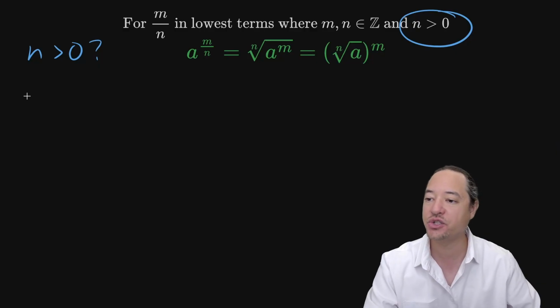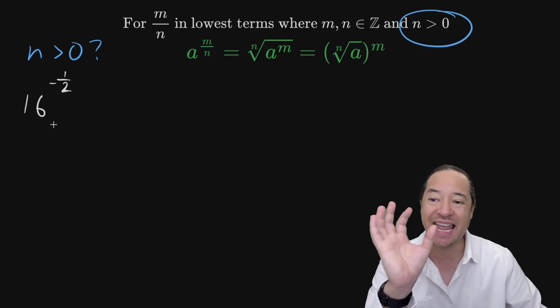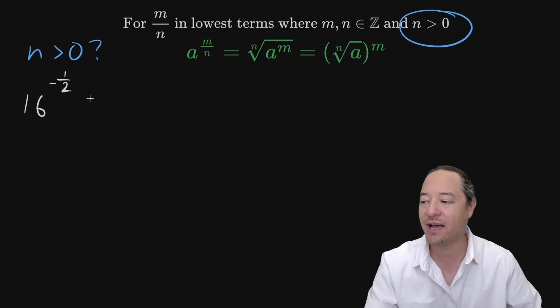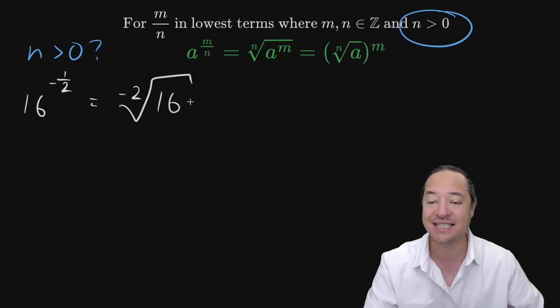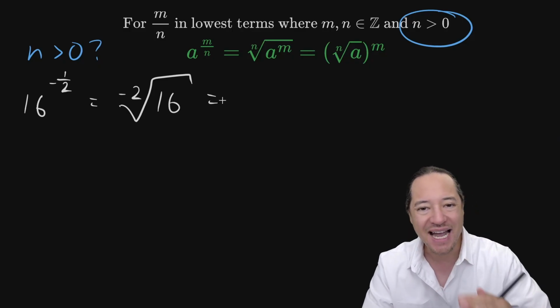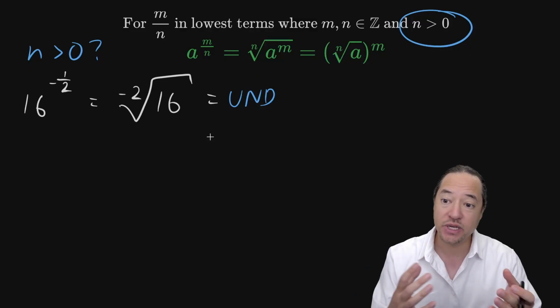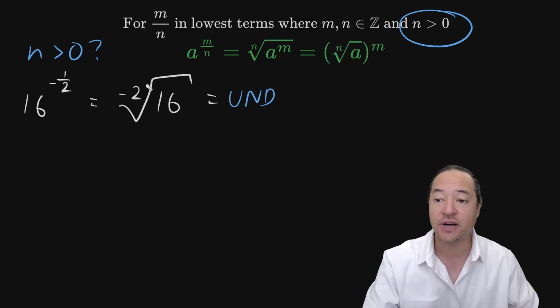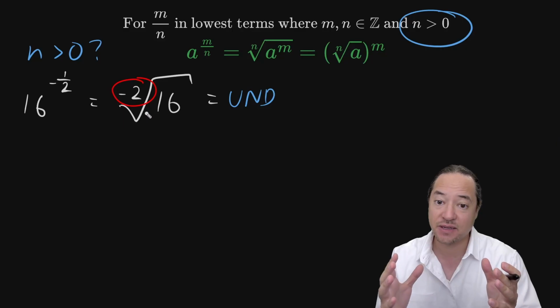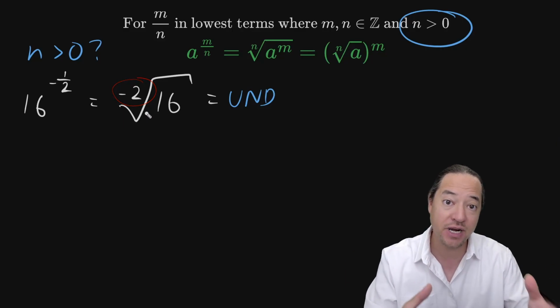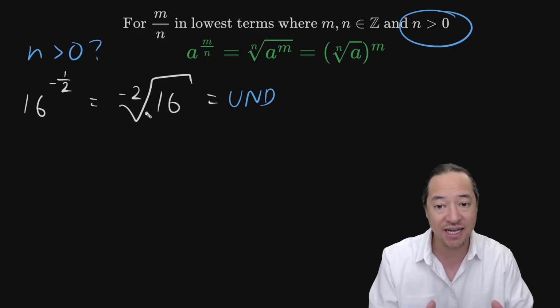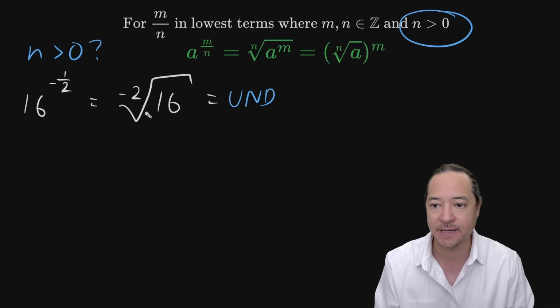Well, let's imagine you have a number, how about 16, and we're raising it to the 1 over negative 2 power. So we're saying n is negative 2 here. What would happen here? Well, we could write this as the negative 2 root of 16, but this by definition is going to be undefined, okay? It just turns out that when we define radicals, if you ever have a negative index, that doesn't work. So we don't define radicals with negative indices, only with positive indices. So this is going to be undefined.